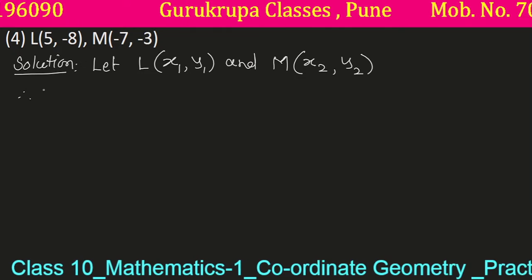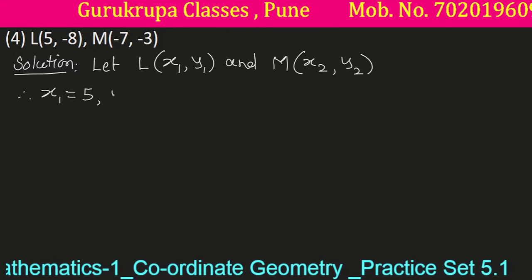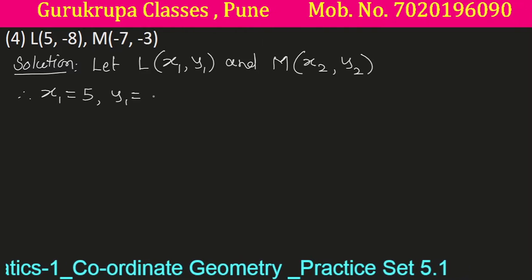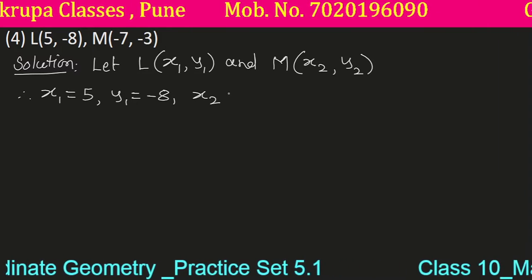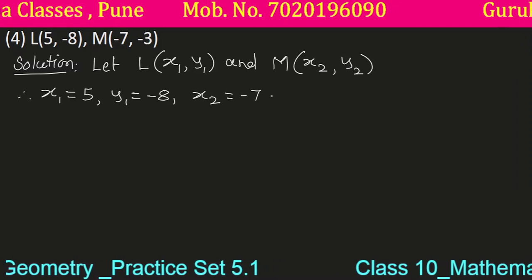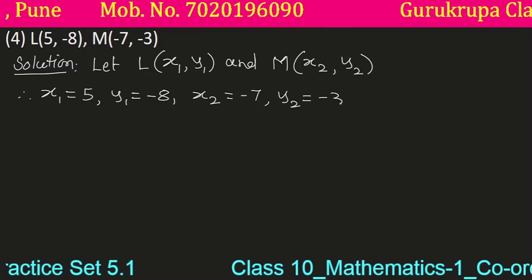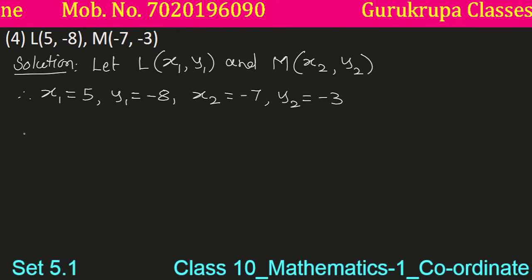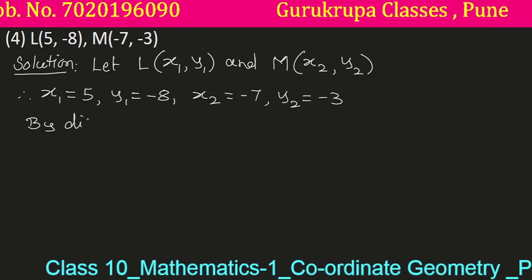So we get x1 is 5, y1 is negative 8, x2 is negative 7, and y2 is negative 3. Now we can use these values in our formula.